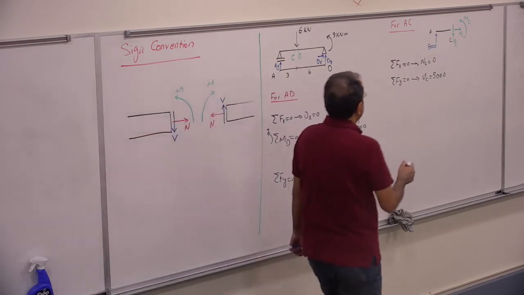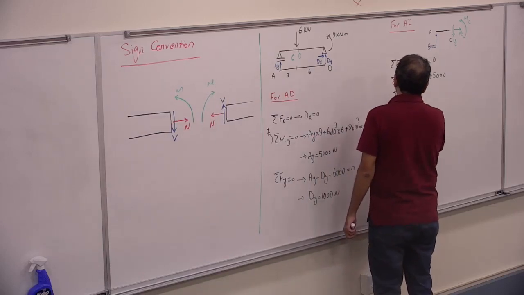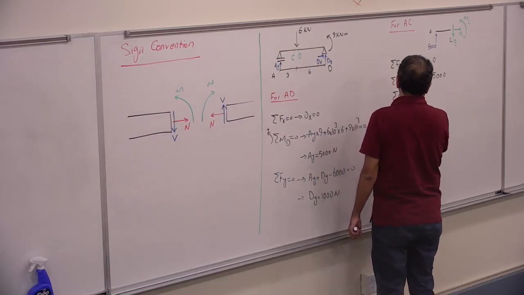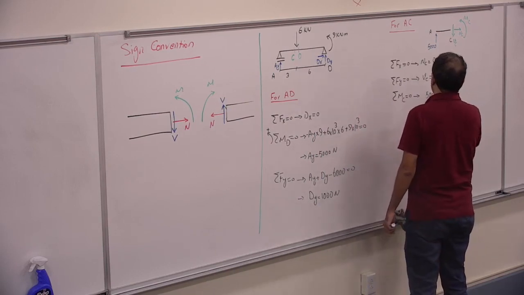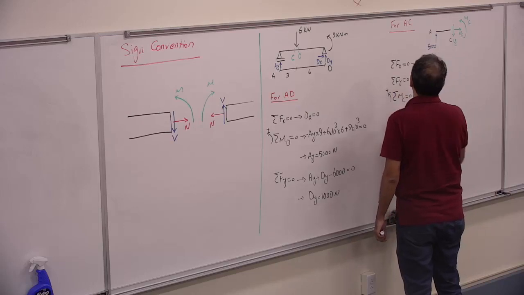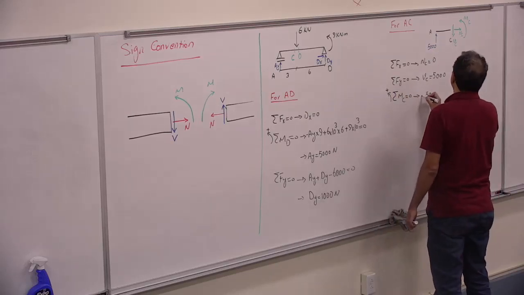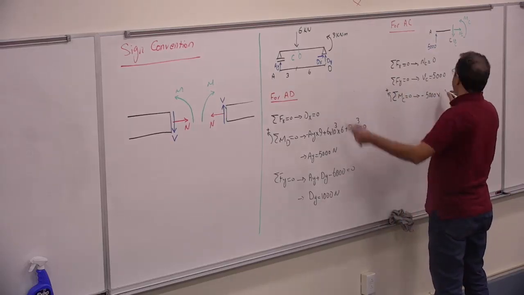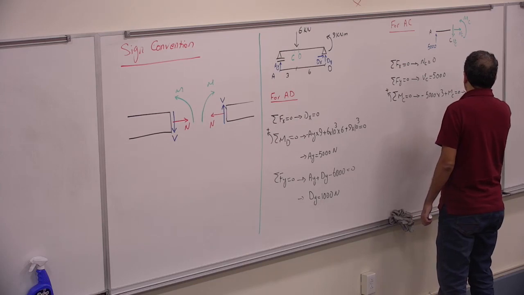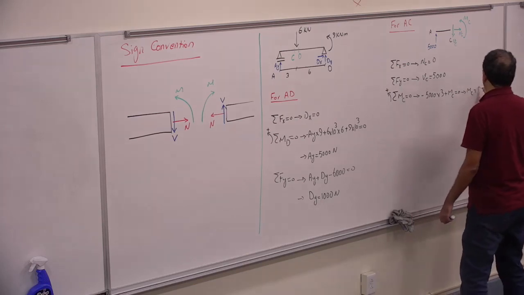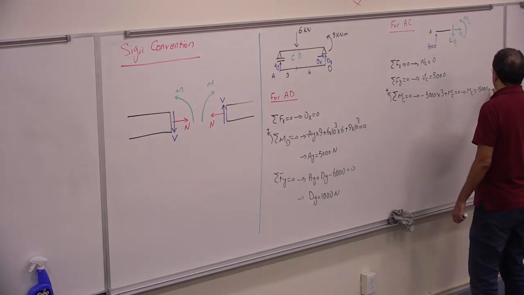And if I write the sigma M about point C is 0, then I have 5,000 times 3 plus MC is 0, so the M at C would be 15,000 Newton meter.